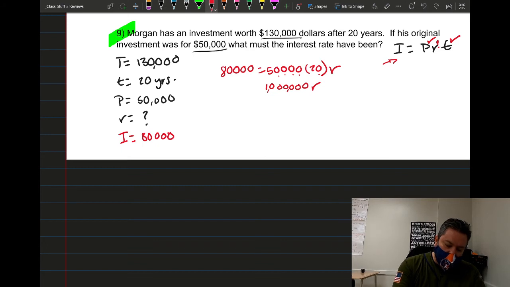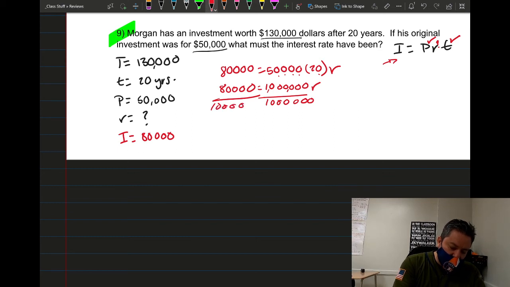So now, in order to undo that multiplication, we have to divide by 1 million. But what I do to the side, I must do to the other side. This will cancel out. So in one side you're going to have the rate. You can delete 4 zeros if you want to. So you have 8 over 100.